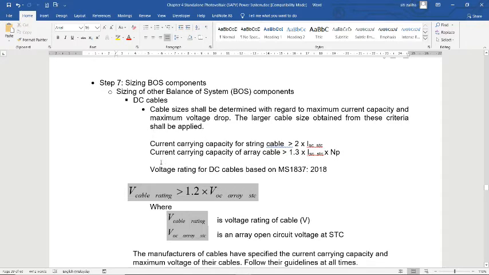Okay, that one is for the current carrying capacity of string and array cable. Another one is the voltage rating for DC cable. Based on Malaysian standard MS 1837, the installation of grid connected photovoltaic system, the voltage rating of the cable should be greater than 1.2 of VOC array STC.